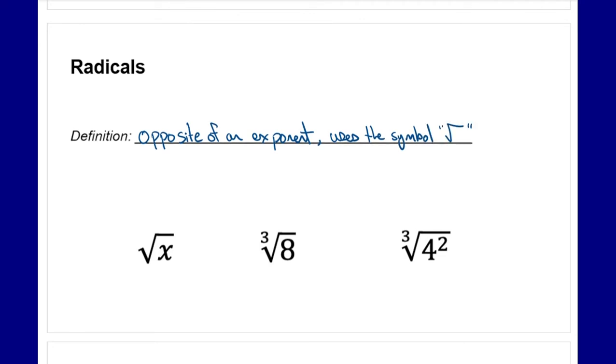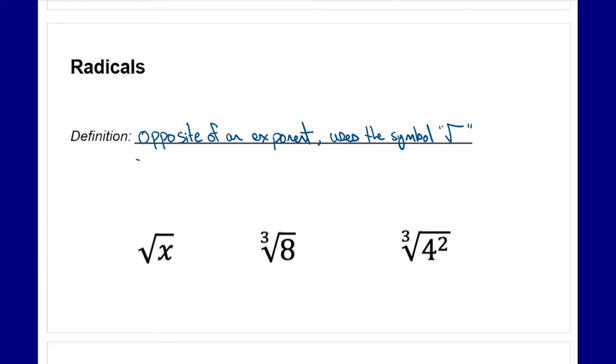Radicals use that symbol, which is the symbol for the smallest root, the square root. There are other examples, and in these cases we put the value in front of the root symbol. So here we see a 3, which means it's the cubed root. You could have the 4th root, the 5th root, the 6th root, and so on.